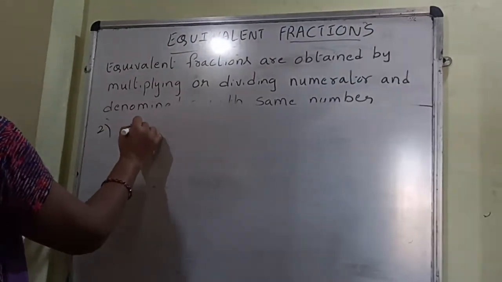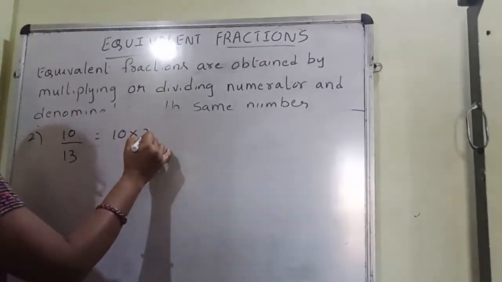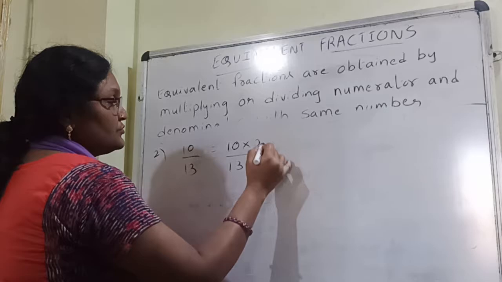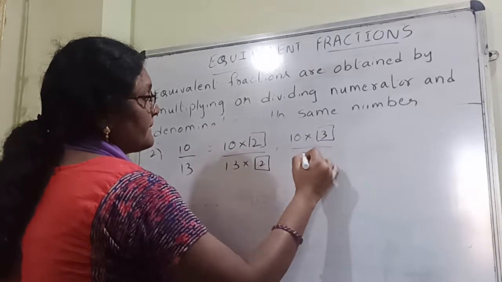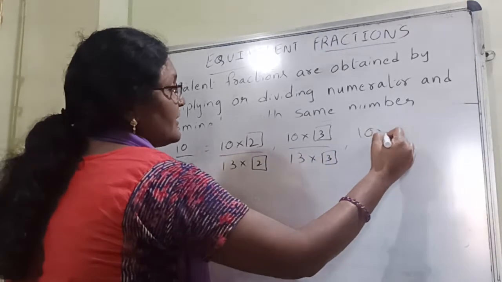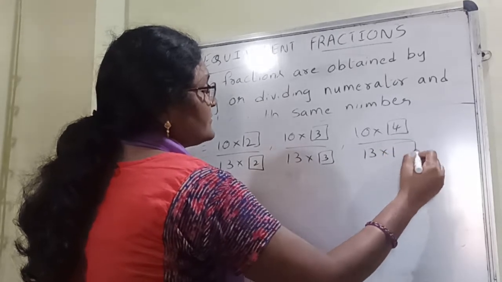10 by 13. So I should start with 10. I am multiplying with 2. Next I am going to multiply with 3. Next I am going to multiply with 4. Any natural numbers you can take. What are natural numbers?